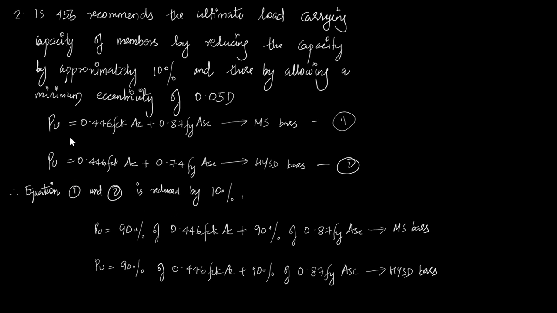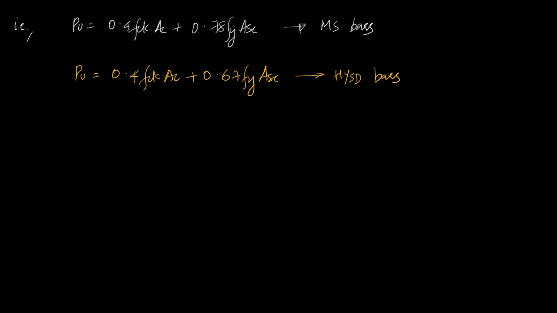That is, I will use only 90% of this and 90% of this. Reducing it, you will get Pu is equal to 0.4 FCK AC plus 0.67 Fy ASC for ms bars, and for HYSD bars you will get Pu is equal to 0.4 FCK AC plus 0.67 Fy ASC.